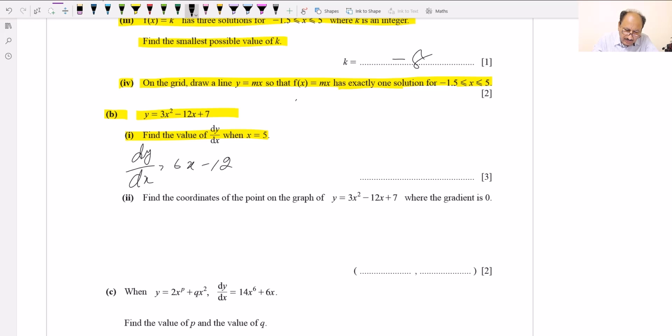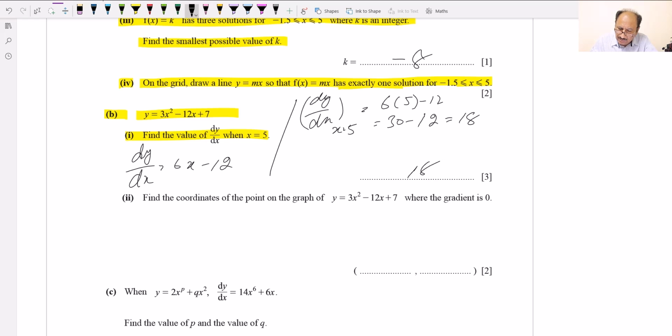And dy by dx at x is equal to 5, we need to find, will be equal to 6 into 5 minus 12, so this will be 30 minus 12, which is equal to 18. So our answer will be 18 for 3 marks.